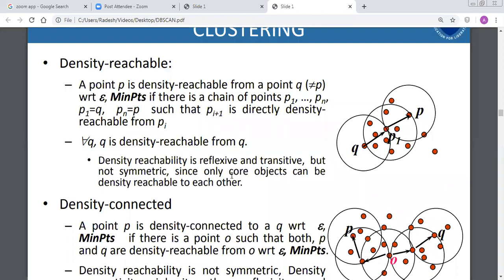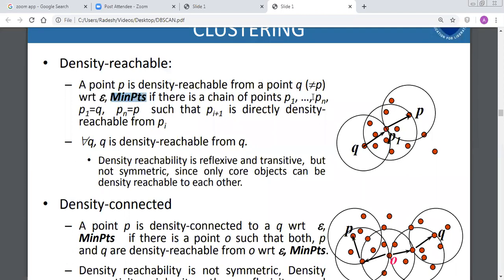Apart from these, here we have another two important concepts, density reachable and density connected. A point P is density reachable from a point Q with respect to epsilon and minimum points. Always we will come across epsilon and minimum points, so we need to consider both.